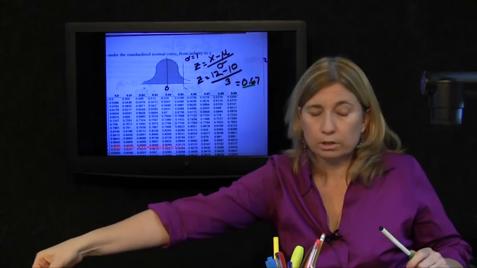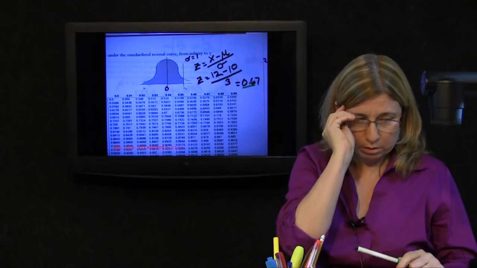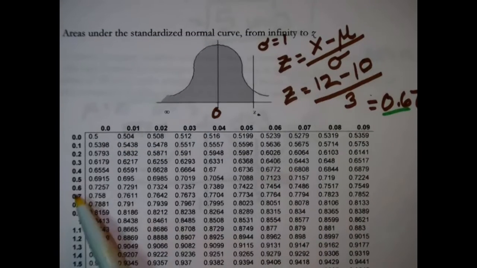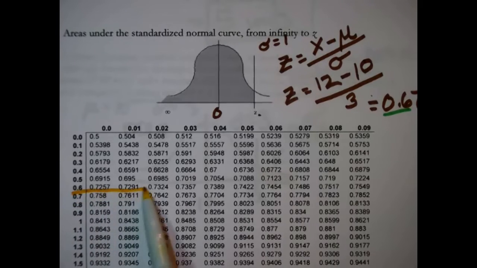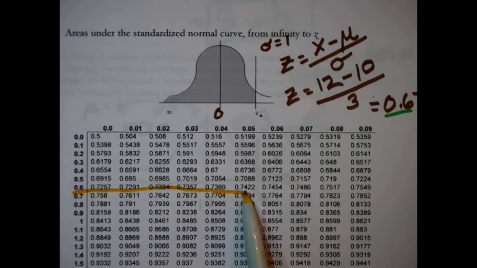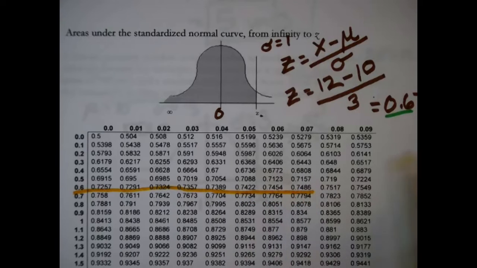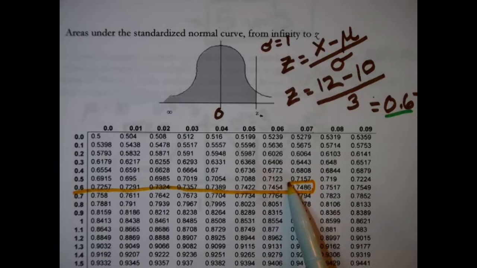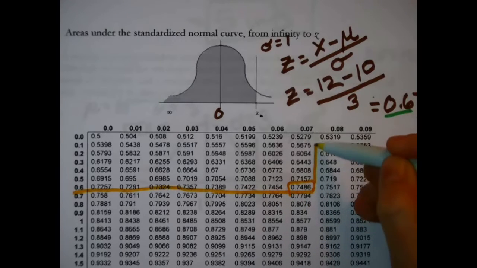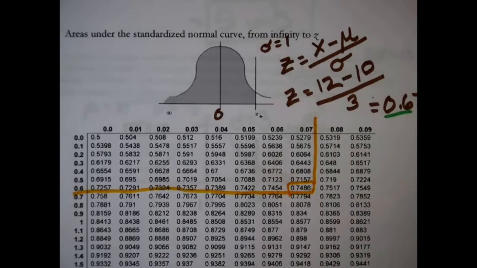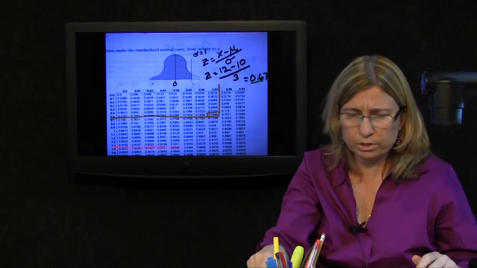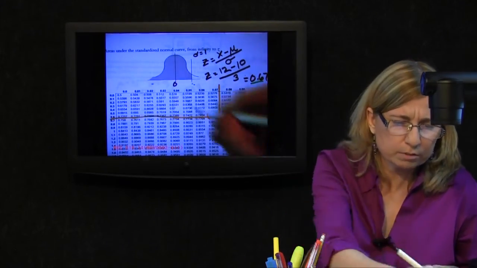All right, well, I'm going to need reading glasses here. 0.6 is the row, but I have to go all the way out here to 0.07. 7 is the column. I am looking for what's at the intersection of those, and it says 0.7486. What does that mean?